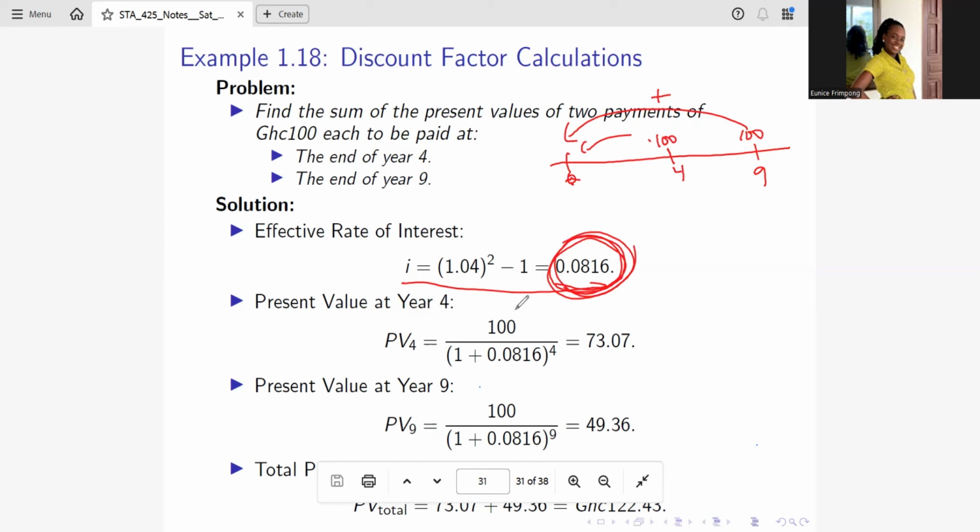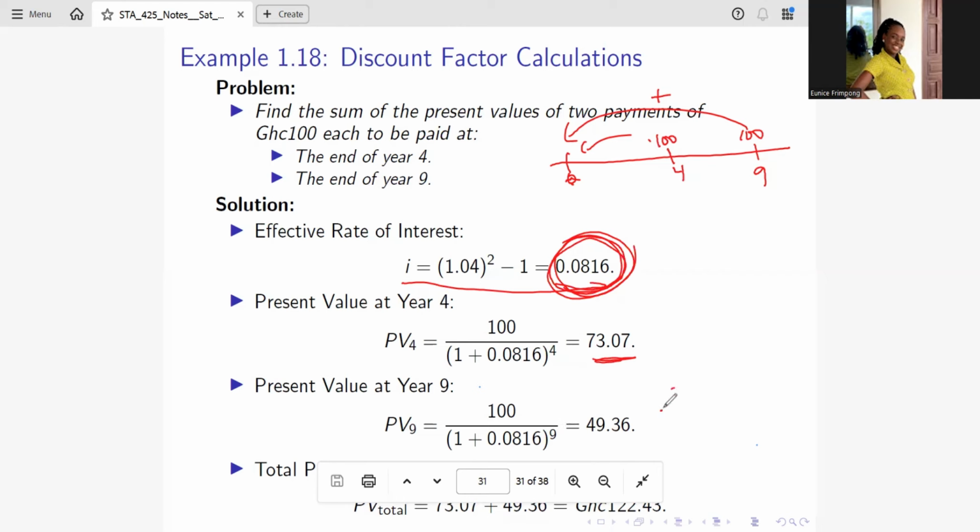So the present value of 100 being paid at time 4 is that 100 over the accumulation function, which is 1 plus the interest all raised to the power 4. And that gives us this. Then the present value at time 9 is 100 over 1 plus 0.0816 all to the power 9, which is this.